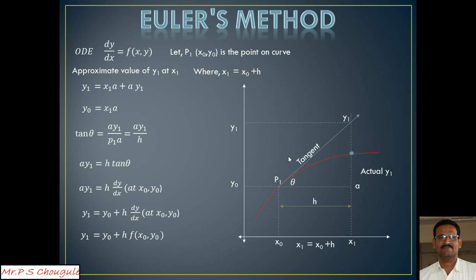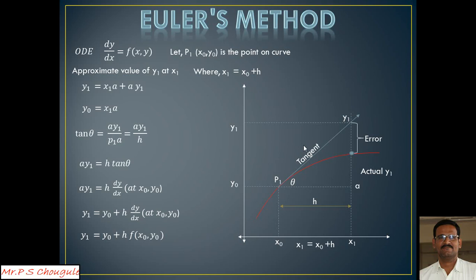Now here the actual value of y is somewhat different. As you can see on the red graph, I have located the actual value of y, and we have found the value y1 on the tangent. The difference between these is nothing but the error. So how to reduce this error? We need to increase the number of steps or decrease the step size.